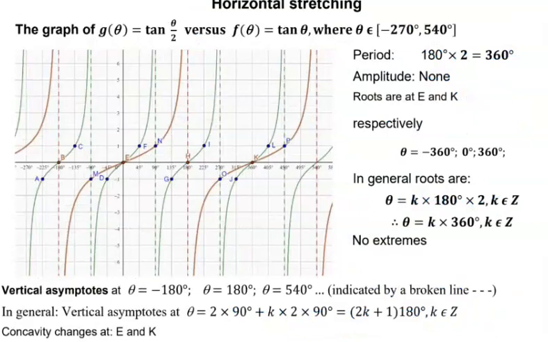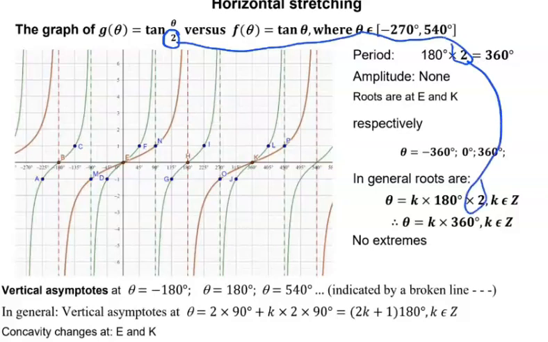On this page, we again have a summary of what happened on the previous page, the period, and we see that the 2 here and that 2 there coincide, and that also coincides here. So we have the period now double, because it runs slower through this whole horizontal set of values, or the degrees.